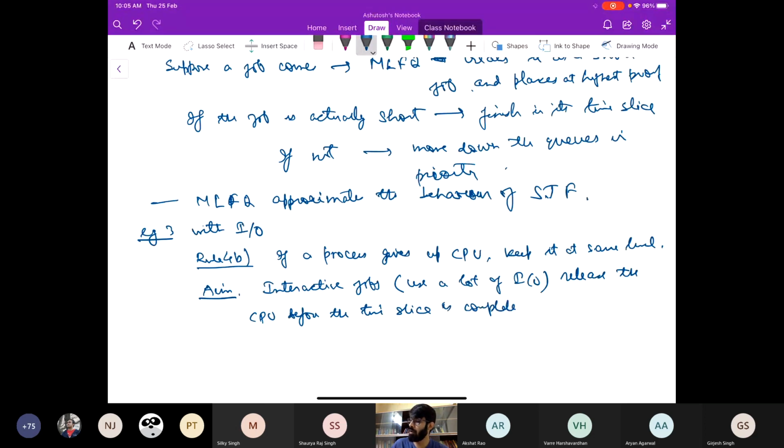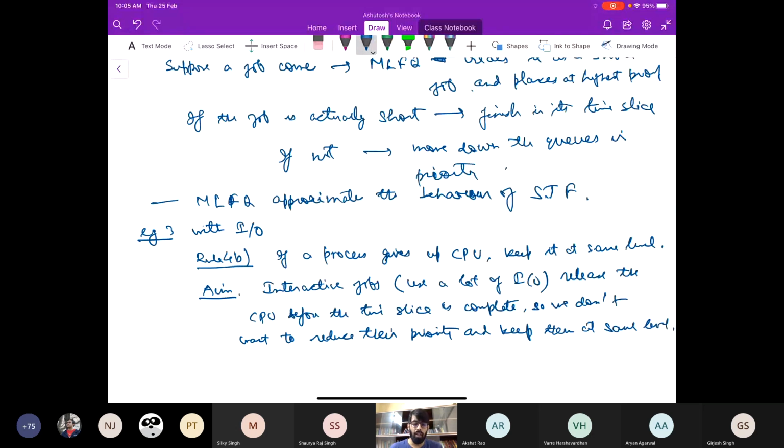And so we don't want to penalize them. We don't want to reduce their priority, and we keep them at the same level. This serves our purpose because now their priority will not be lowered. Since they are interactive, they'll keep getting the CPU and the interactive processes will be fine.